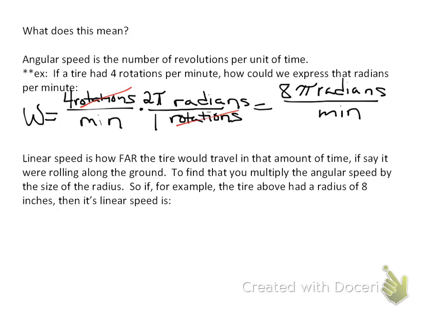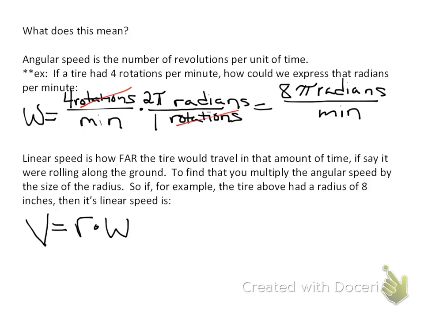If I were to flatten that circumference out, that's going to be a shorter distance than that huge truck tire if I were to flatten its circumference out into a distance. So linear speed says, I went around the circle 4 times. How far did I travel? And that's your linear speed. Linear speed uses a variable v. And to find linear speed, all you do is take your radius and multiply it by your angular speed.